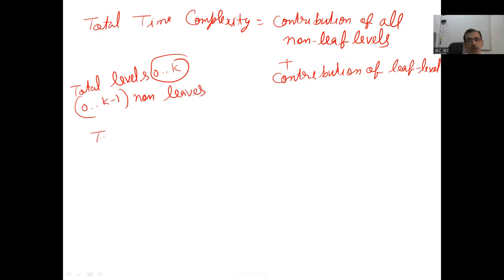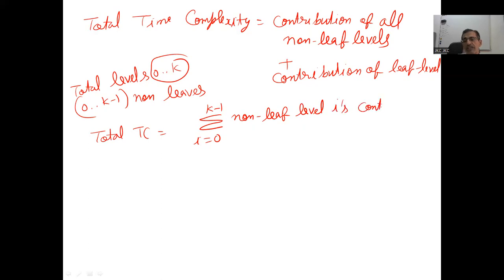So I can say total time complexity equals summation of i equal to 0 to k minus 1, that effectively means each non-leaf level i's contribution, to be added, plus the leaf's contribution, which is nothing but n raised to log base 4 of 3. I can easily now mathematically solve this.